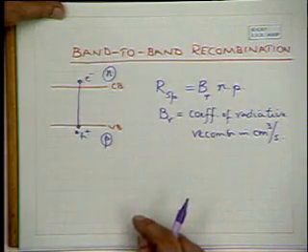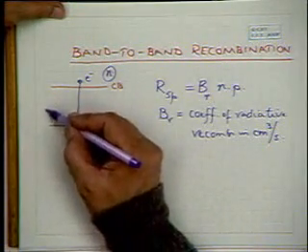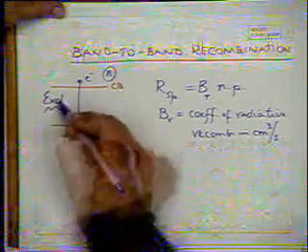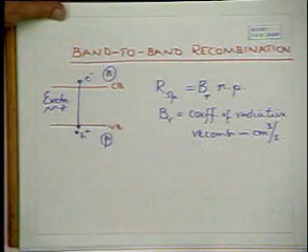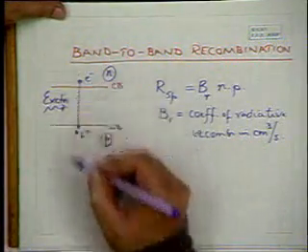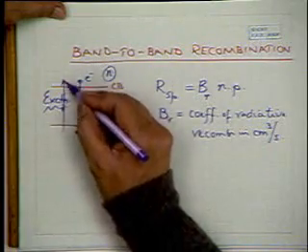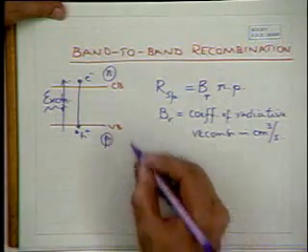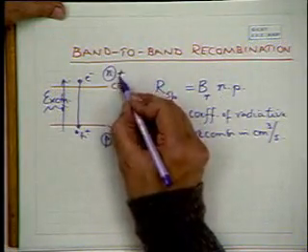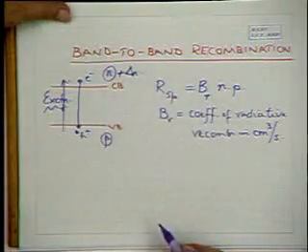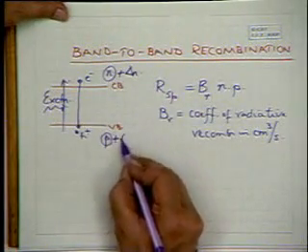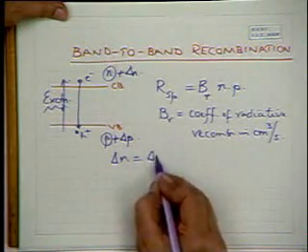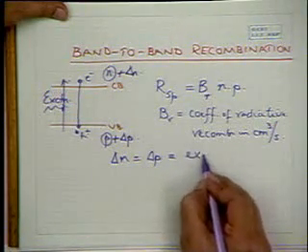Now, suppose we have excitation due to photons, which causes optical absorption. Then the number of electrons in the conduction band is no longer n, but it's n plus delta n, and the number of holes in the valence band is no longer p, but it's p plus delta p, where delta n and delta p are the excess carriers created.